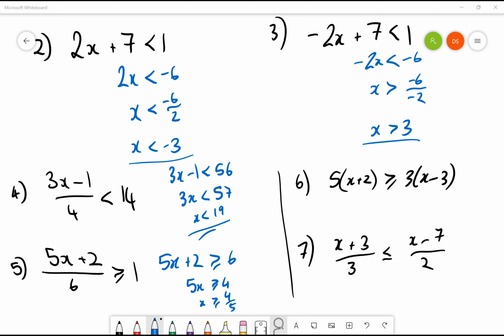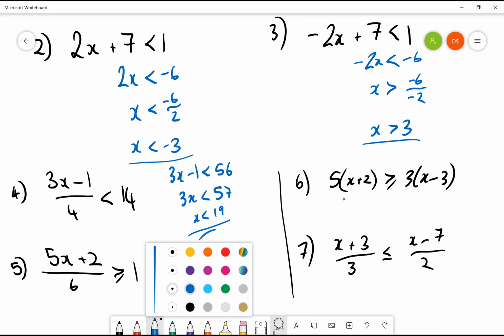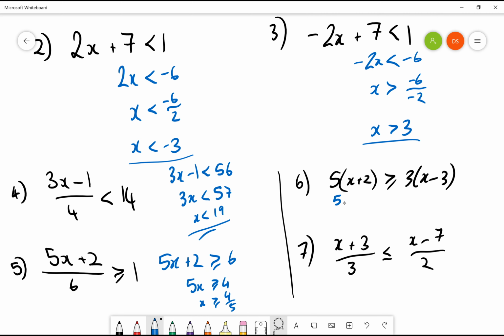Question 6. Yep. Let me just do that in here. So I get 5x plus 10 is greater than 3x minus 9. Then I'm going to subtract 5x. So I'll get 10 minus 2x. Then add 9.